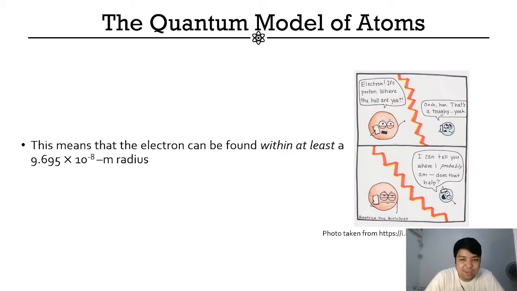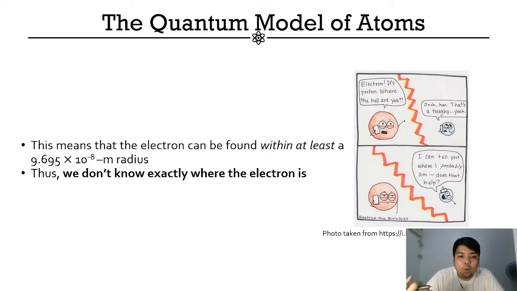So it doesn't make any sense. So what does that mean? Well, that only shows that we cannot actually know where the electron is. We know its mass, we know how fast it goes, but because of the Heisenberg uncertainty principle, we cannot know where exactly the electron is. We can know where it probably is.